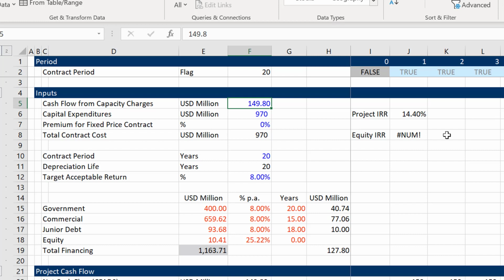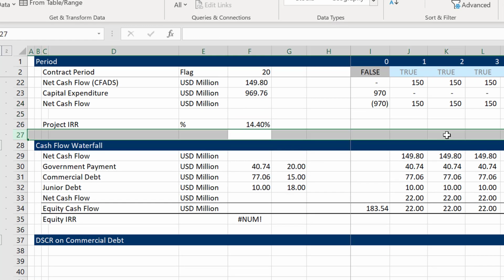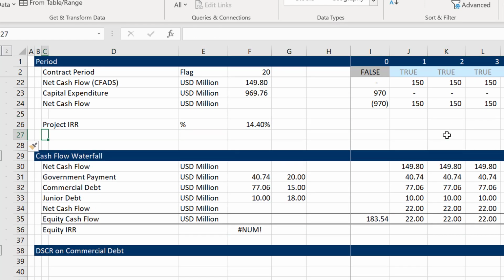Then we could have, again, let's just do it like this. Let's put a target NPV at target IRR. I'm doing perhaps a little bit too much Excel.